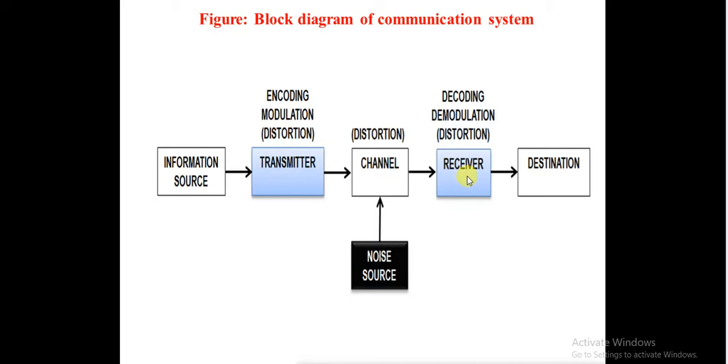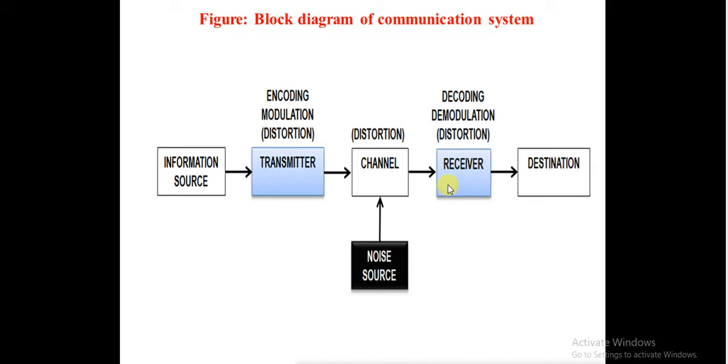Then we have the receiver. The receiver does the opposite of the transmitter. The receiver will receive the signal. The received signal is a modulated signal, so we have to decode it. Decoding can be done by using the process of demodulation. Now what is demodulation?